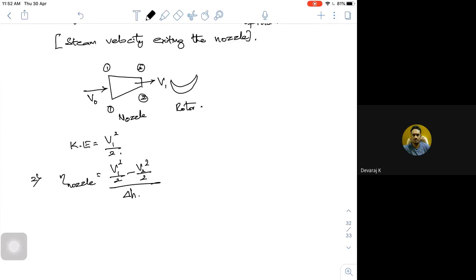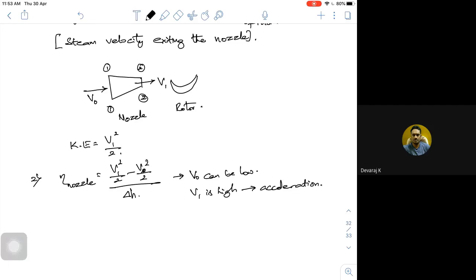Let me put it as V naught square because that is the one at entry. So V1 is at the exit and V naught is the velocity at the entry. V naught can be low and V1 is high because of acceleration.